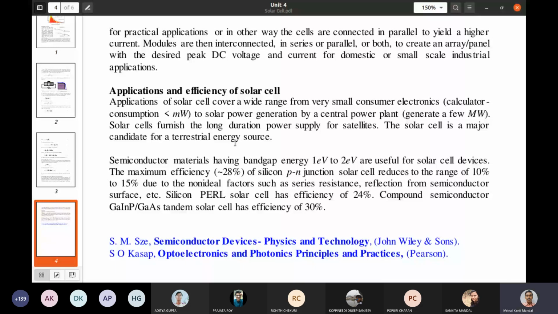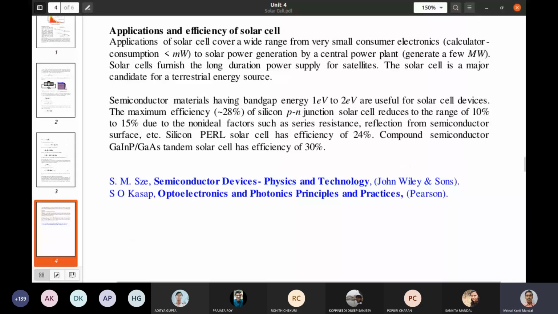And next, the efficiency: semiconductor materials having band gap energy of 1 eV to 2 eV are useful for solar cell devices. The efficiency can be 28%, or in case of compound solar cells made from compound semiconductor material, that is gallium indium phosphide or gallium arsenide, or tandem solar cells, 30% or more efficiency is possible to achieve.